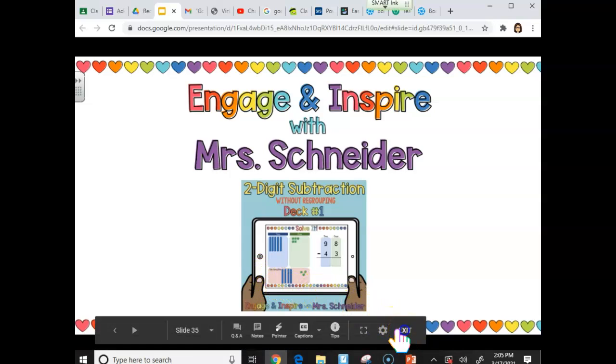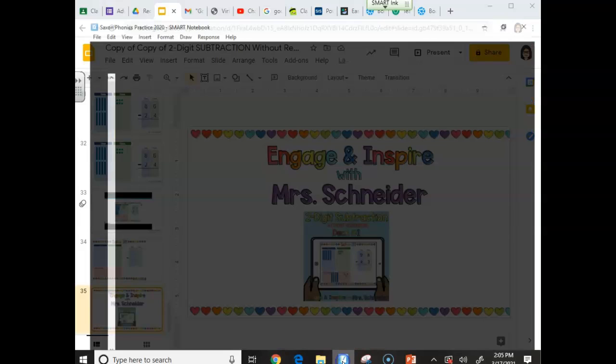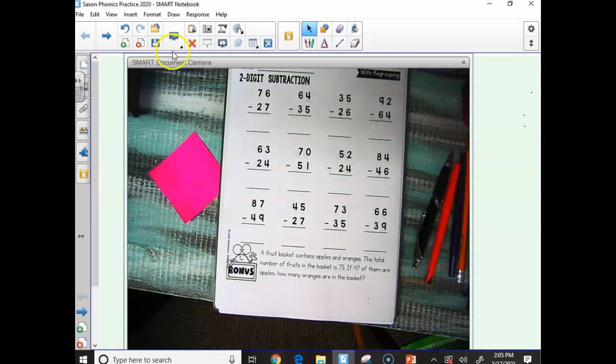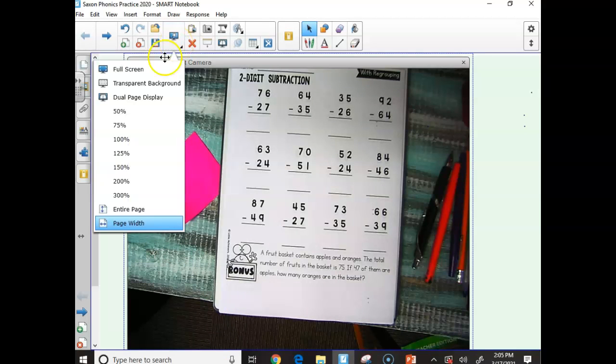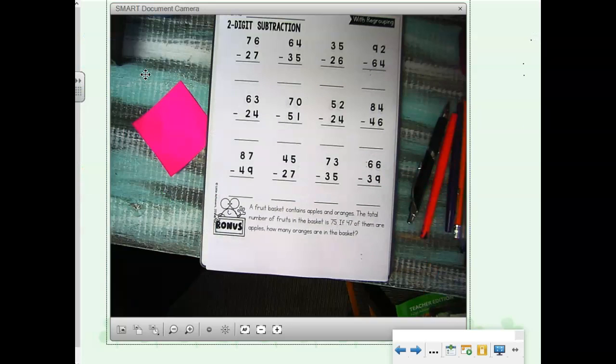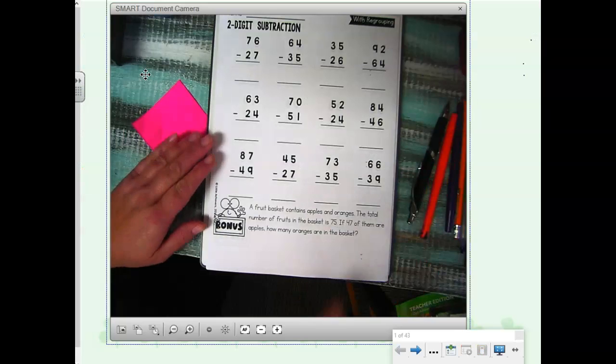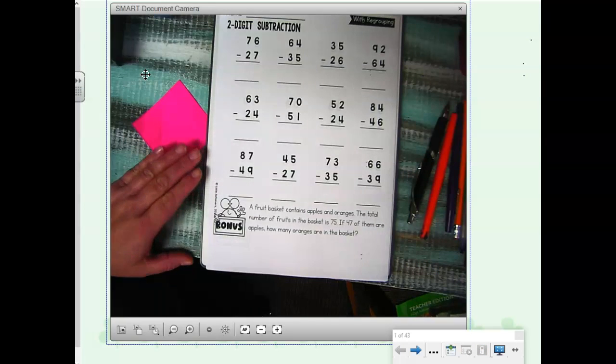All right, also, you are going to need a new packet. It is your two-digit subtraction packet. And at the top, it is going to say, Miss Spires has the wrong one.